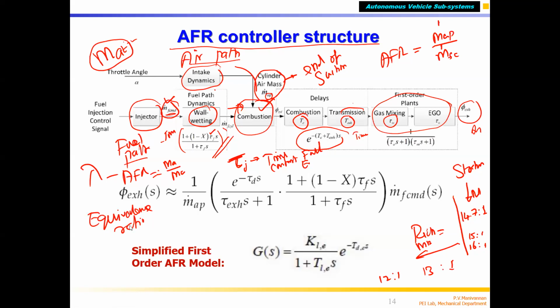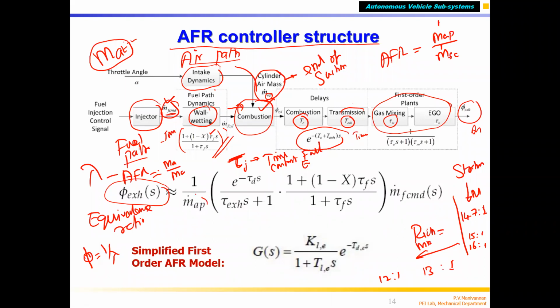So they use what you call the equivalence ratio. Equivalence ratio psi is nothing but 1 by lambda. If I want to maintain a particular equivalence ratio at the exhaust, instead of lambda they use equivalence ratio, which has mass of the fuel in the numerator. Lambda is mass of the air divided by mass of fuel, so the inverse of lambda is mass of the fuel divided by mass of the air.